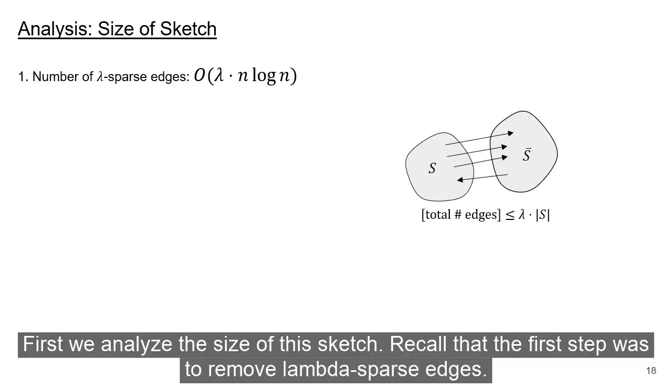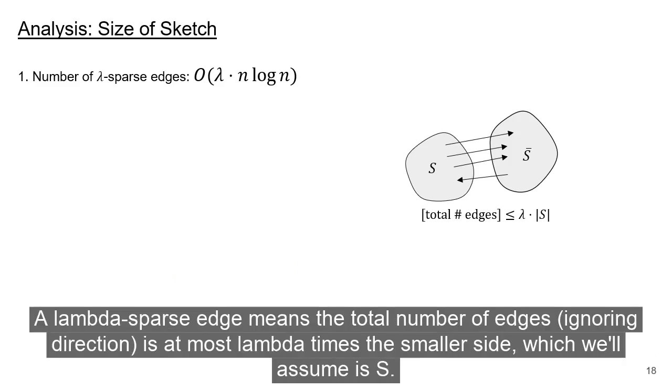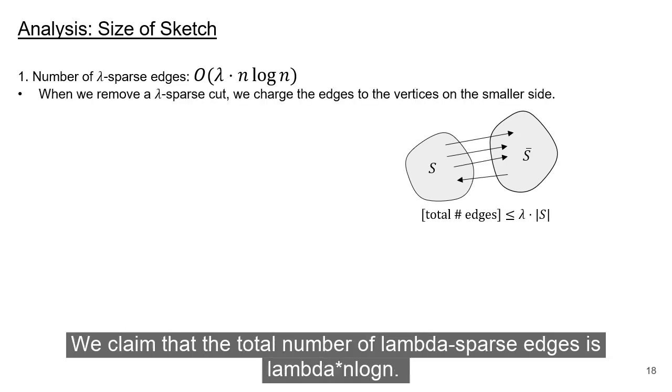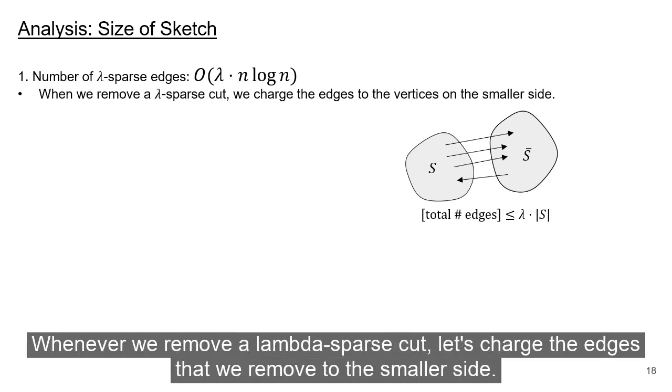First we analyze the size of this sketch. Recall that the first step was to remove lambda-sparse edges. A lambda-sparse cut means the total number of edges, ignoring direction, is at most lambda times the smaller side, which we'll assume is S. We claim that the total number of lambda-sparse edges is lambda n log n. Whenever we remove a lambda-sparse cut, let's charge the edges that we remove to the smaller side.